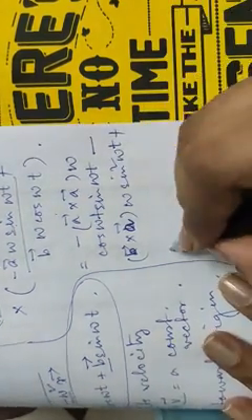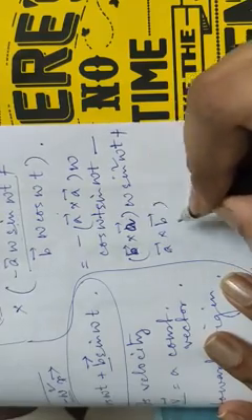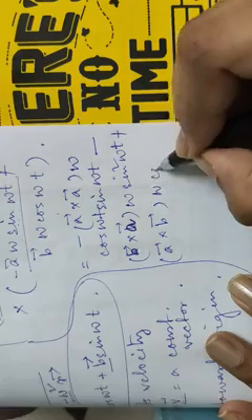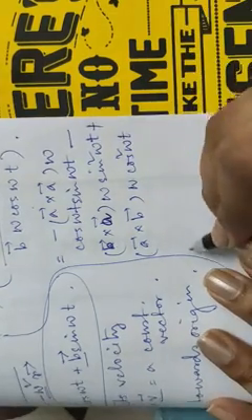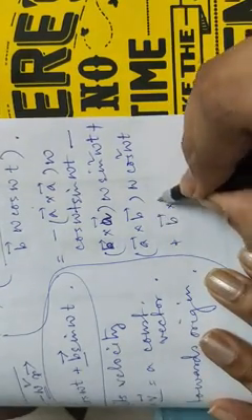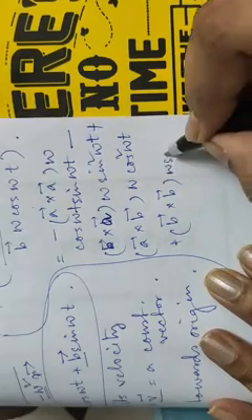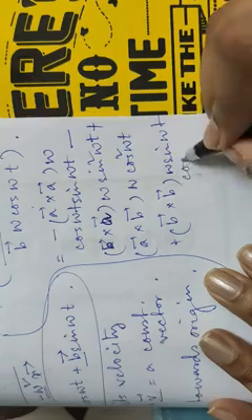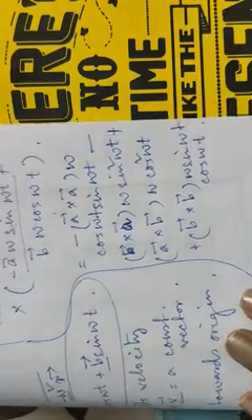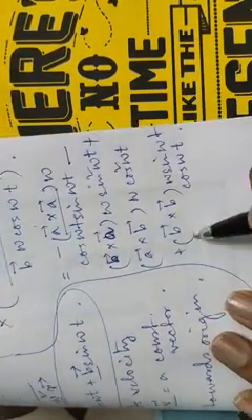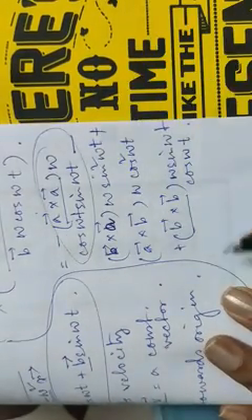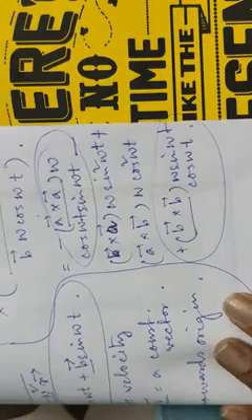Then the next part is a cross b omega cos square omega t, plus b cross b omega sin omega t cos omega t. Now check: a cross a is 0, b cross b is 0. So these two terms will vanish in the next step.